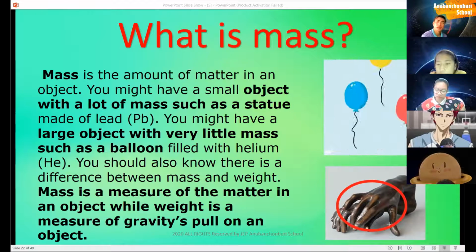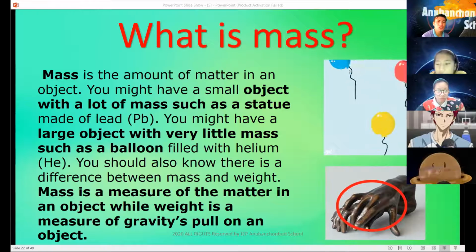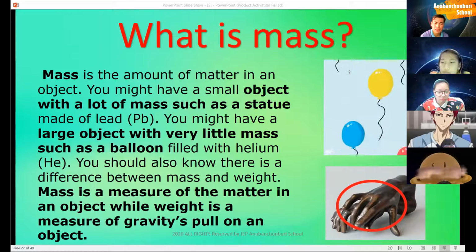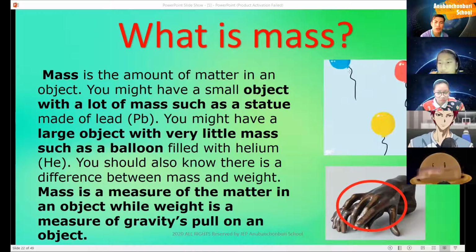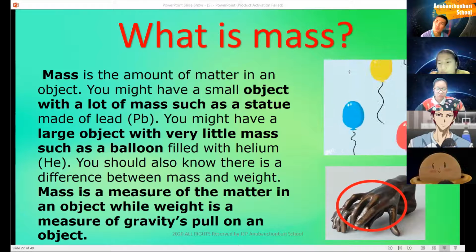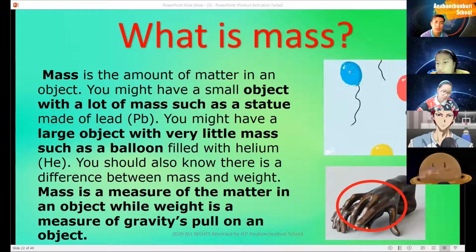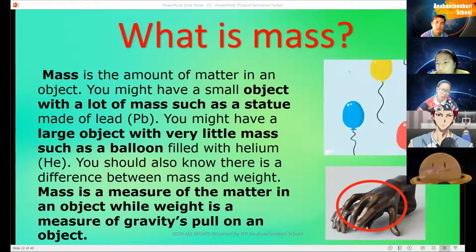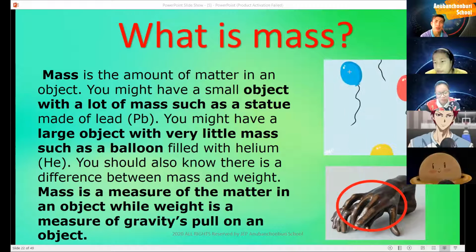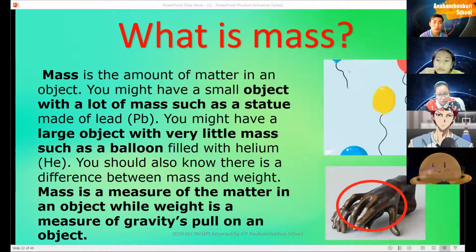The question is, which of the following has a lot of mass, the balloon or the statue? Statue, yes, it is the statue. It doesn't mean that because the balloon is big, its mass is higher also.